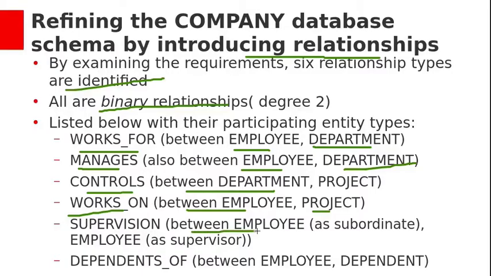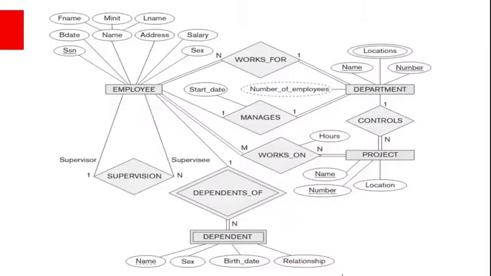Supervision, between employee and employee itself, means employee will participate in 2 roles, one is subordinate and another one is supervisor. And dependent of, which is between employee and dependent. So this is the entire ER diagram with constraints. Here we have these 6 relationships: works for, controls, manages, works on, supervision and dependent of.